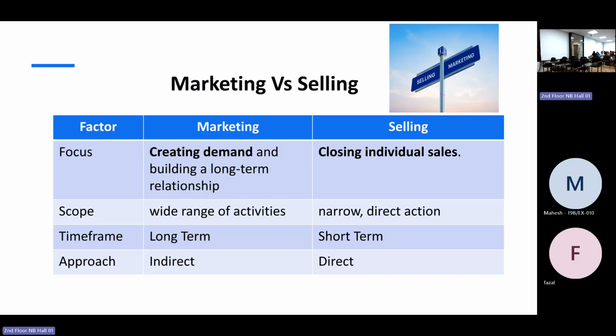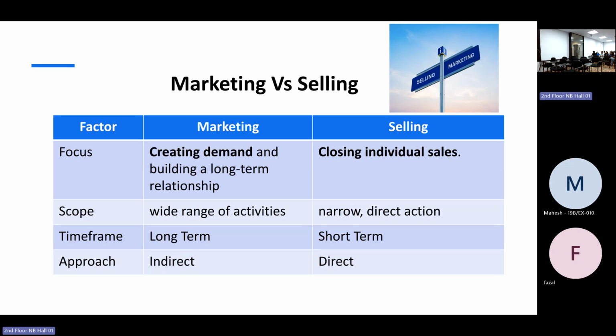This is what I told you. Marketing includes the creation of demand and maintaining long relationships, and selling is about closing the individual deal or sale. Marketing includes many activities. Selling is just a narrow thing, one activity under marketing. Marketing is long term because they try to create awareness and keep consumers for a long period of time, so they do these marketing activities continuously. Selling is a short term, one time thing. Once one sale is done, they move on to another sale.